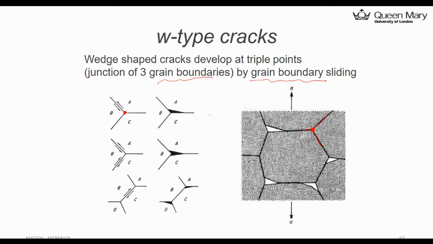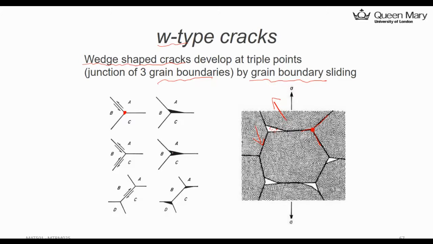Once you load it, this grain slides in the direction I'm plotting, and these other two are also sliding, so that you generate some gaps, which are the cracks we call wedge-shaped cracks, or simply W-type cracks.